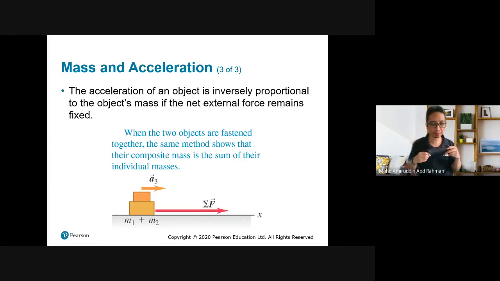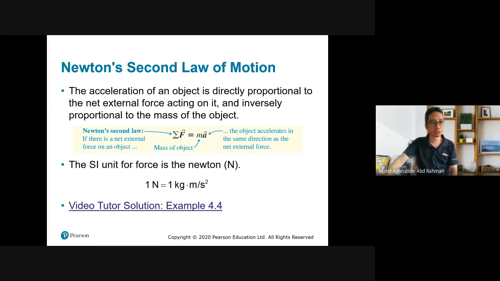So the summation of the two forces applied to these objects is equivalent to m1 times a1 plus m2 times a2, and finally you obtain the net force.